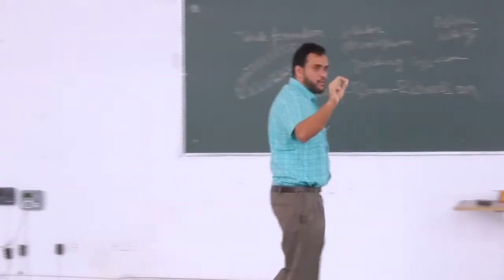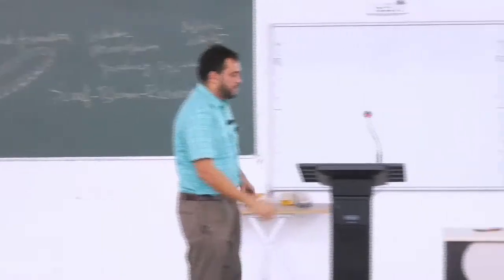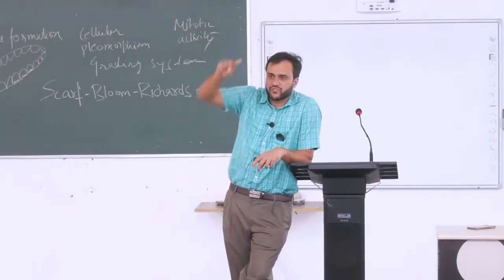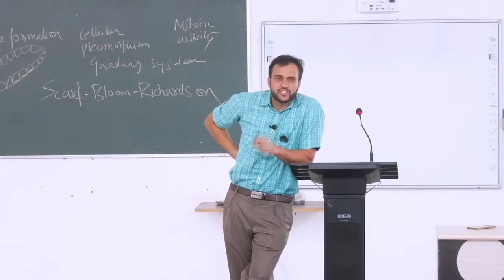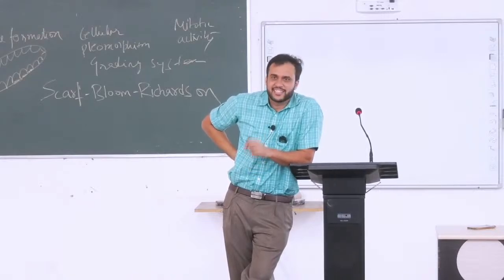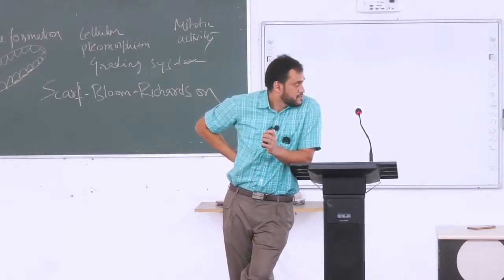So you say tubule formation, cellular pleomorphism, and mitotic count. So this triad forms a grading system which is known as the Scarff-Bloom-Richardson grading system. Okay.